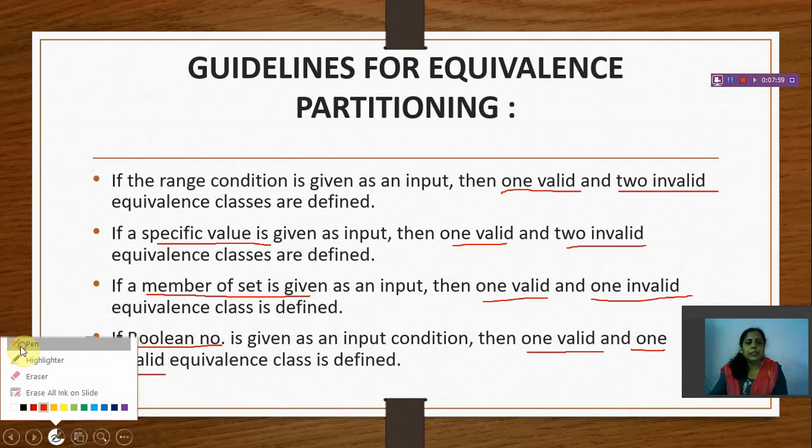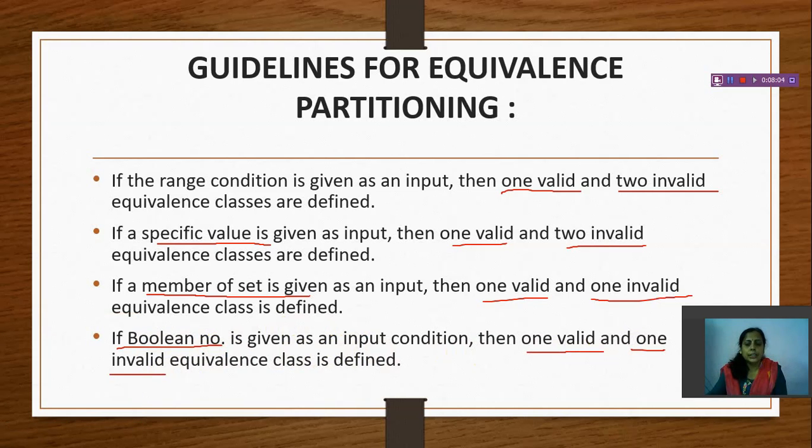Means if the input is a range, then the test case has one valid input and two invalid inputs. Likewise, if the input is a Boolean, then the test case has one valid and one invalid input.